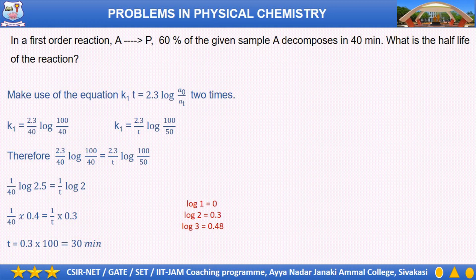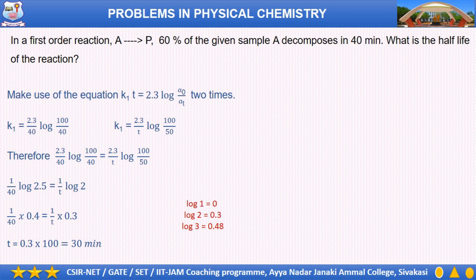Log 2 is 0.3, log 3 is 0.48, and 2.5 is exactly at the middle. What will be the answer? Log of 2.5. It is 0.39. Why are you putting this?